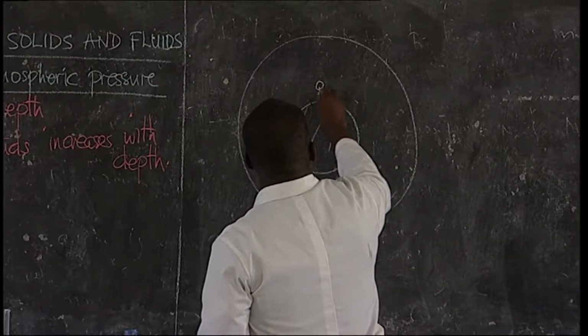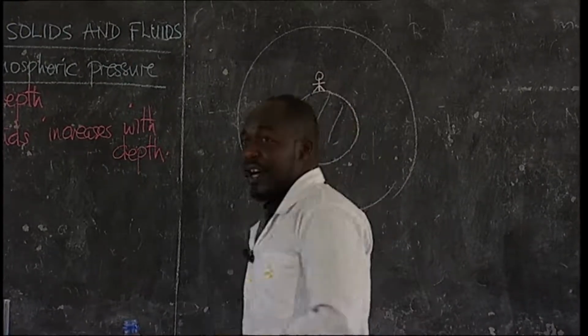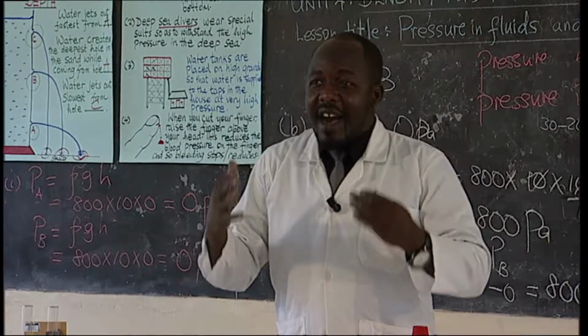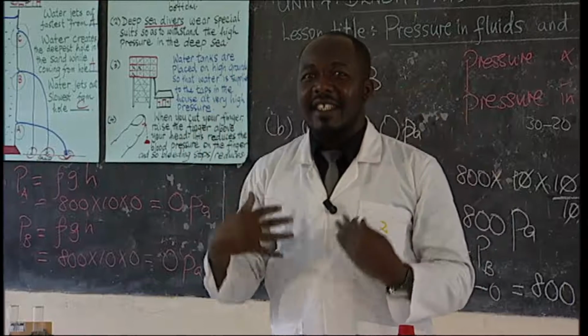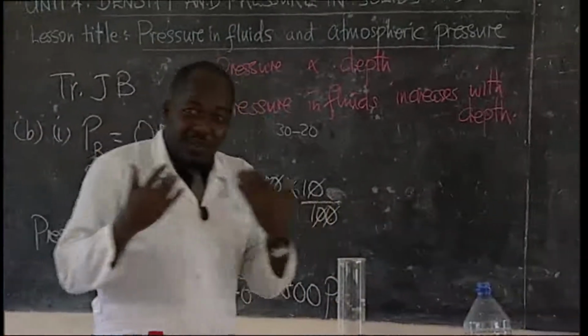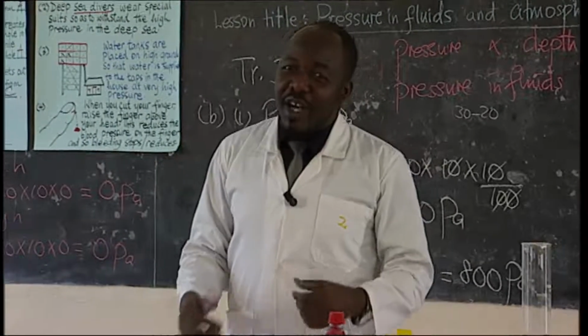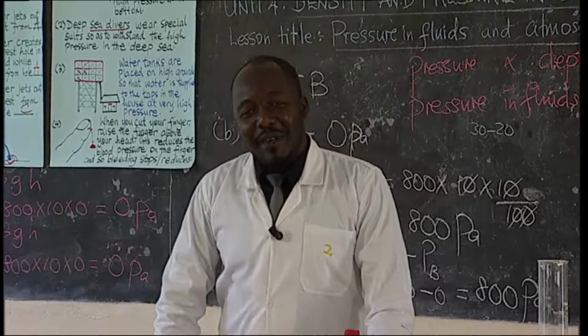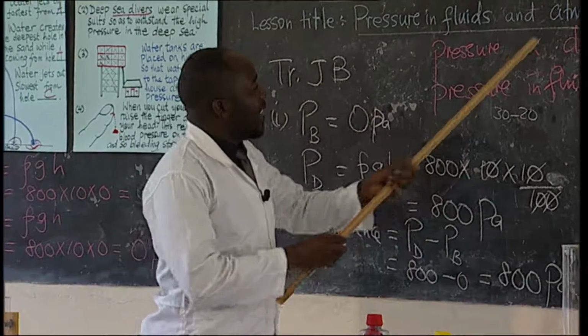So you and me, we are found here on the Earth's surface. So it appears like we are actually carrying the weight of all the gases in the atmosphere. And the weight of all the gases in the atmosphere will exert a pressure on our bodies. And that pressure is called what?